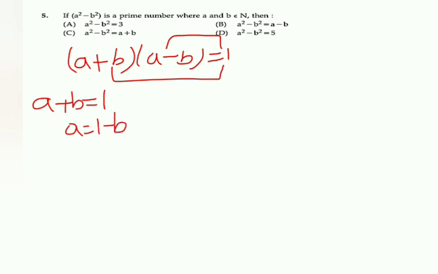Substituting this in the original equation, we put 1 minus b in place of a: (1 minus b) whole square minus b square equals 1 minus 2b. So here 1 minus 2b is a prime number. This equation has no integer solutions for a and b that would make 1 minus 2b a prime number.